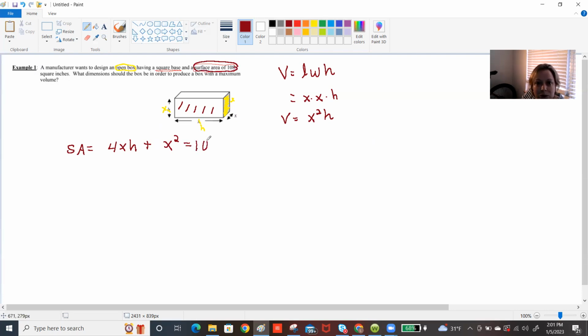So this is 108, right? So let's see, let's put this information here. We have volume equals X squared times H, and we have that X squared plus 4XH equals 108. We have two equations, two unknowns. This is basically a system of equations, right?